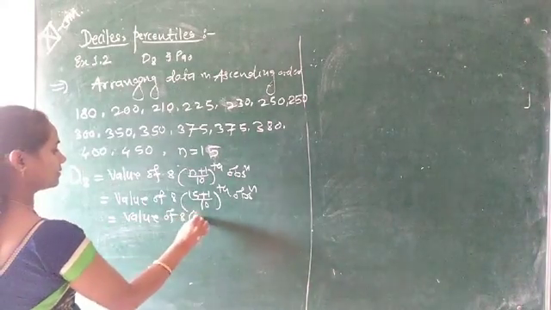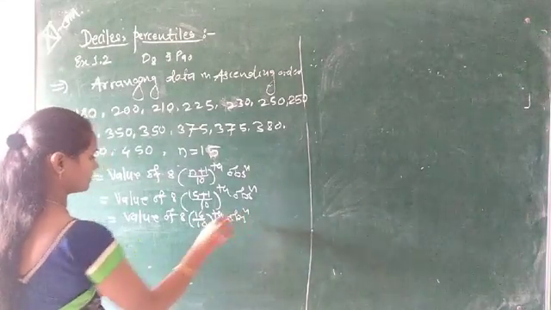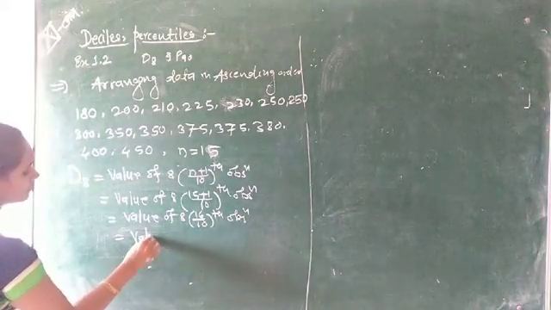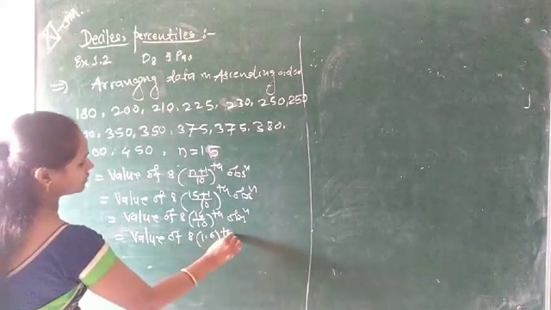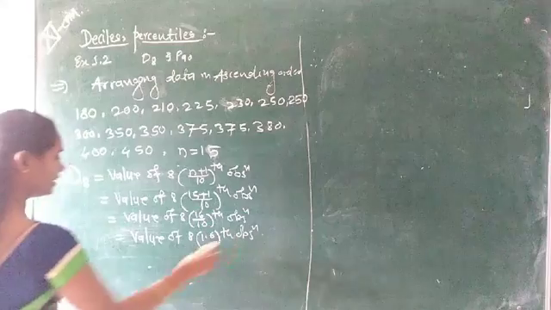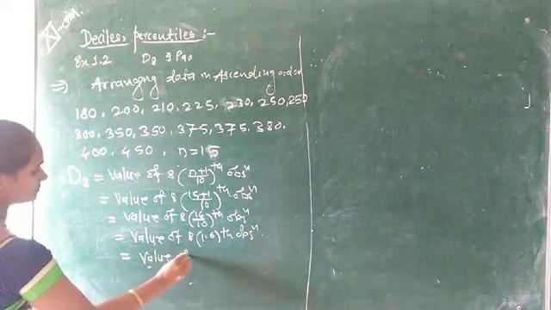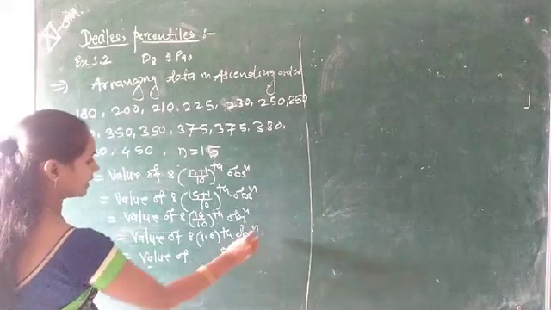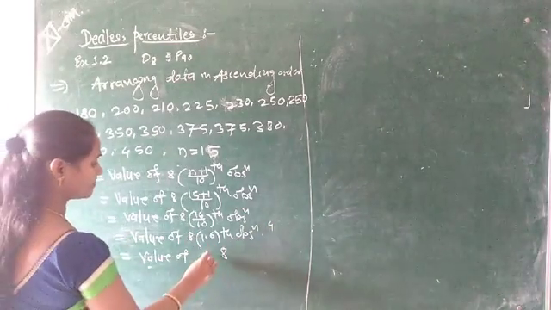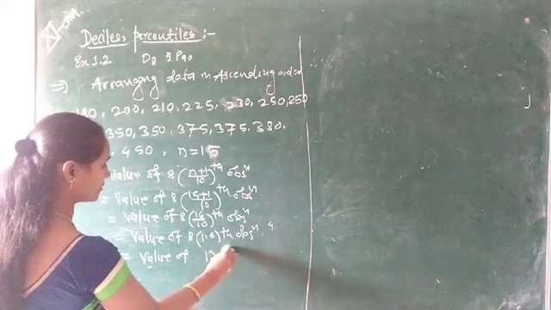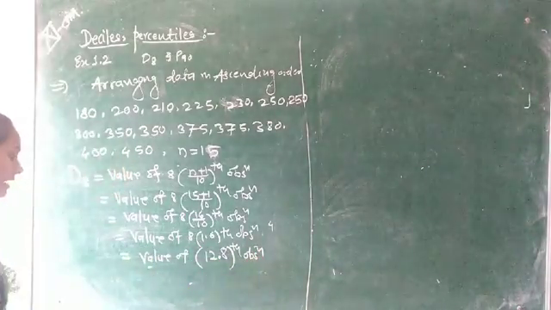The value of 8 into 16 upon 10, that means 1.6, is the value of 8 into 1.6th observation. 8 into 1.6: 8 6s are 48, carry 4, and 8 ones are 8, 8 plus 4 is 12, so 12.8. So the value of the 12.8th observation.